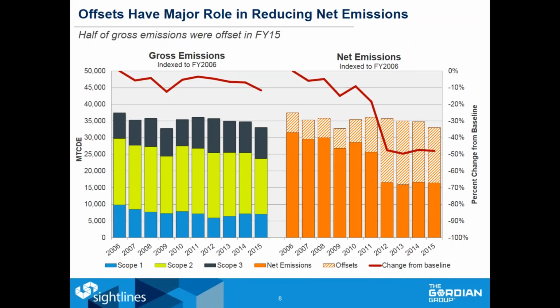So in the hatched marks, you see that they're purchasing offsets in the form of renewable energy credits to offset some of those emissions, primarily those associated with the Scope 2 purchased electricity. So you see a big improvement in their profile from 2011 to 2012. Now you're looking at a 50% decrease in net emissions against baseline.